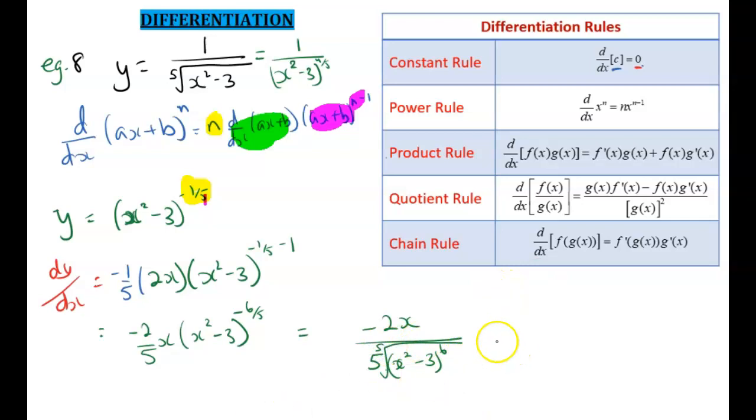Another way of writing this would be minus 2x on 5, and I can have the 5 inside instead, so x squared minus 3 to the 1/5, and then I could be raising this to the 6. So either one is okay.